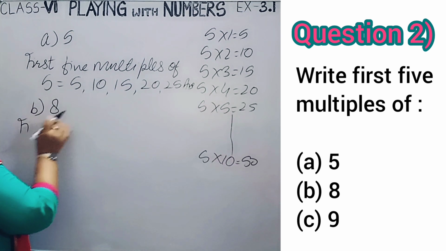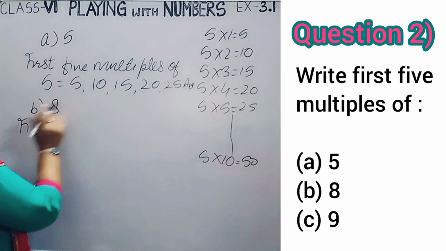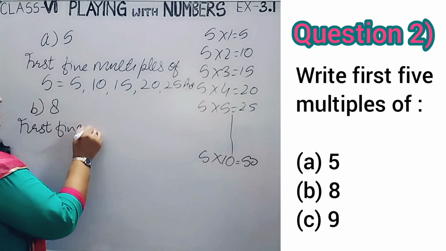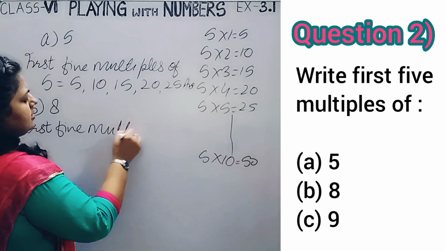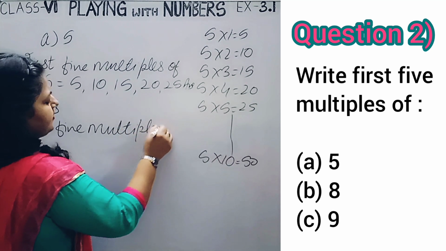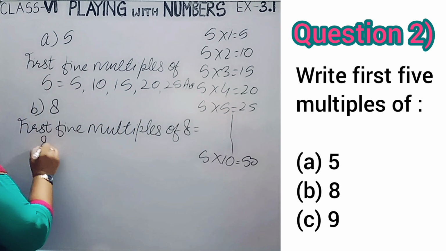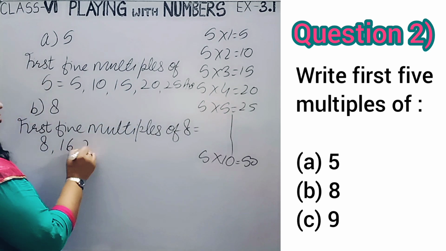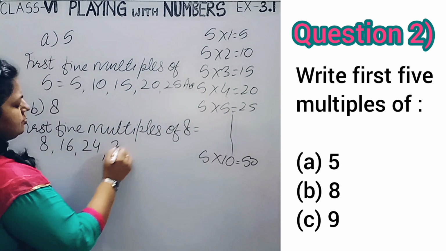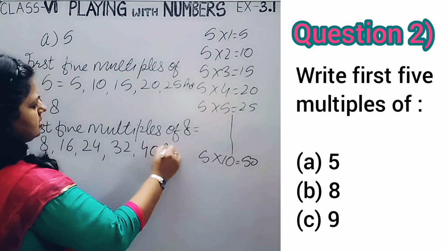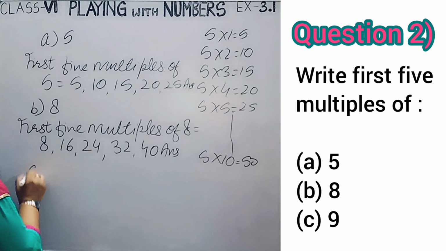First 5 multiples we will read the table of 8. First 5 multiples of 8: first is 8, 16, 24, 32 and 40. Answer. So these questions are very easy.